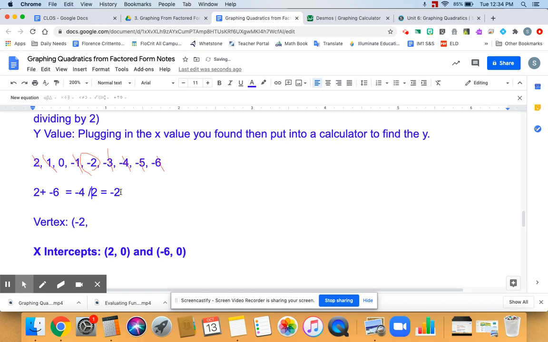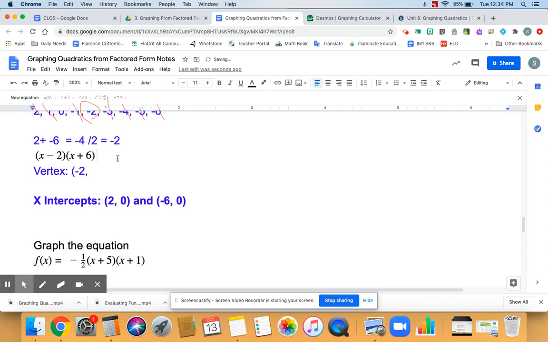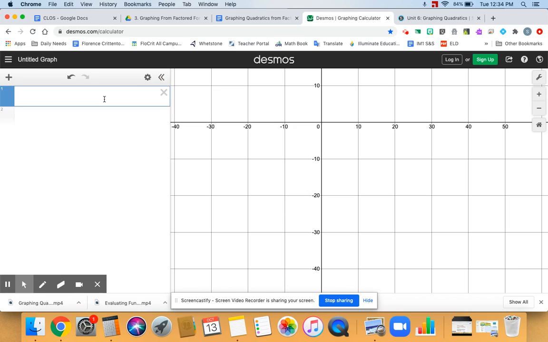Get the y value. You have to just plug in that x value you found. So if I take the equation and I plug in negative 2 for x, since I just found that negative 2 here, and I put that into the calculator, I'd find out that my y value is going to be negative 16.